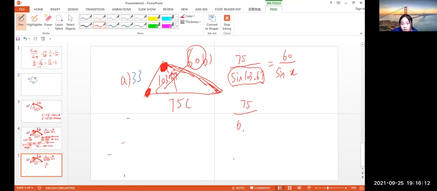Okay, use this answer, but 75 divide by that answer. 77. Okay, stop. Times 60. 75 divided by this times 60. What do you get? No problem. Continue.